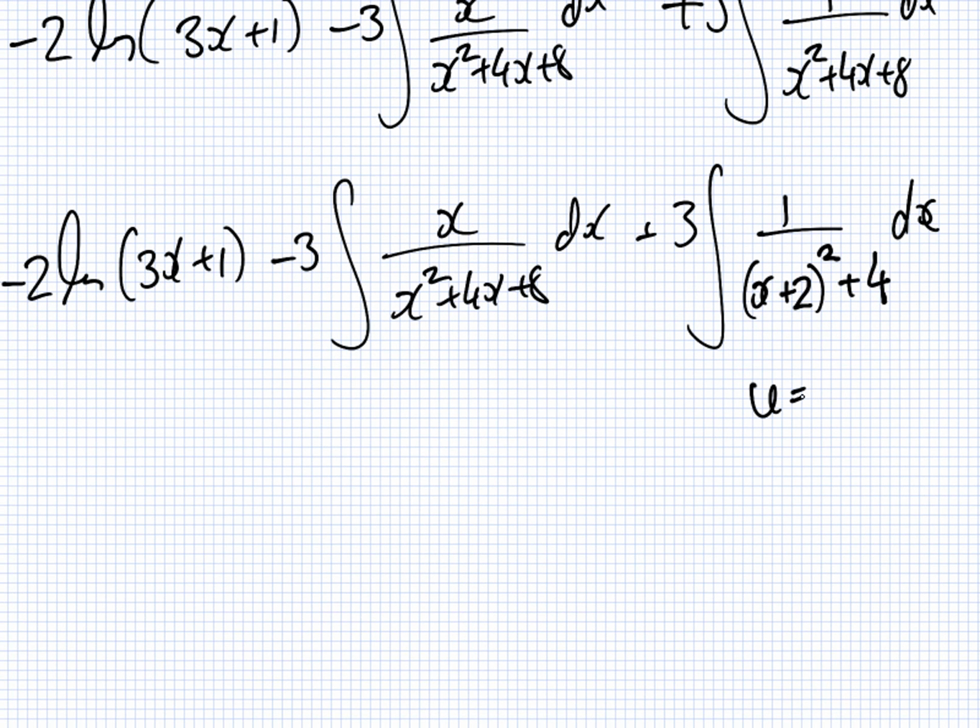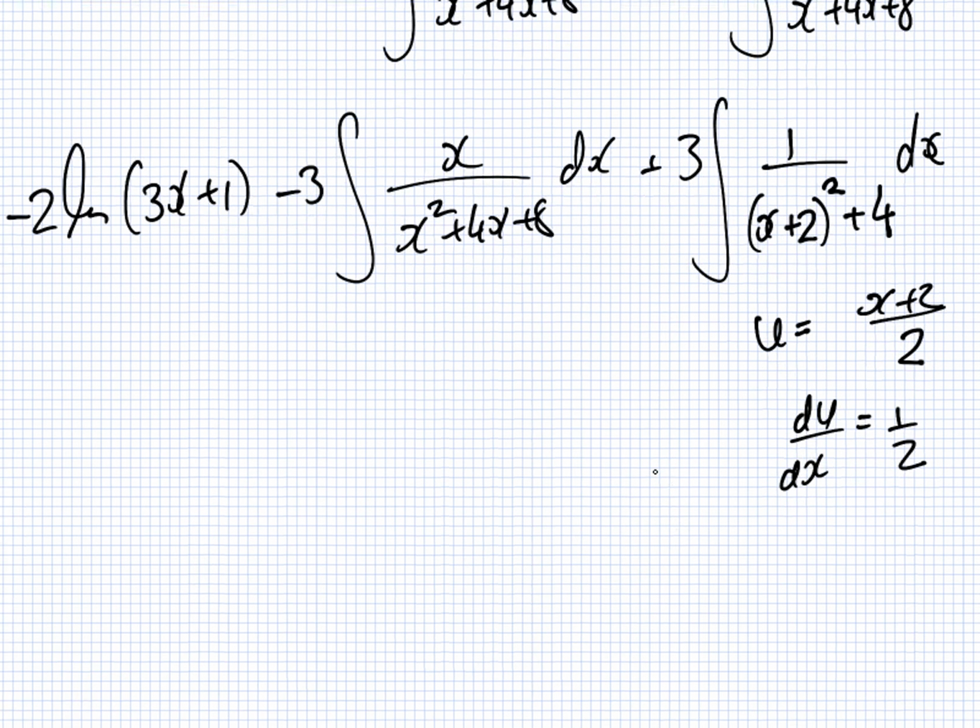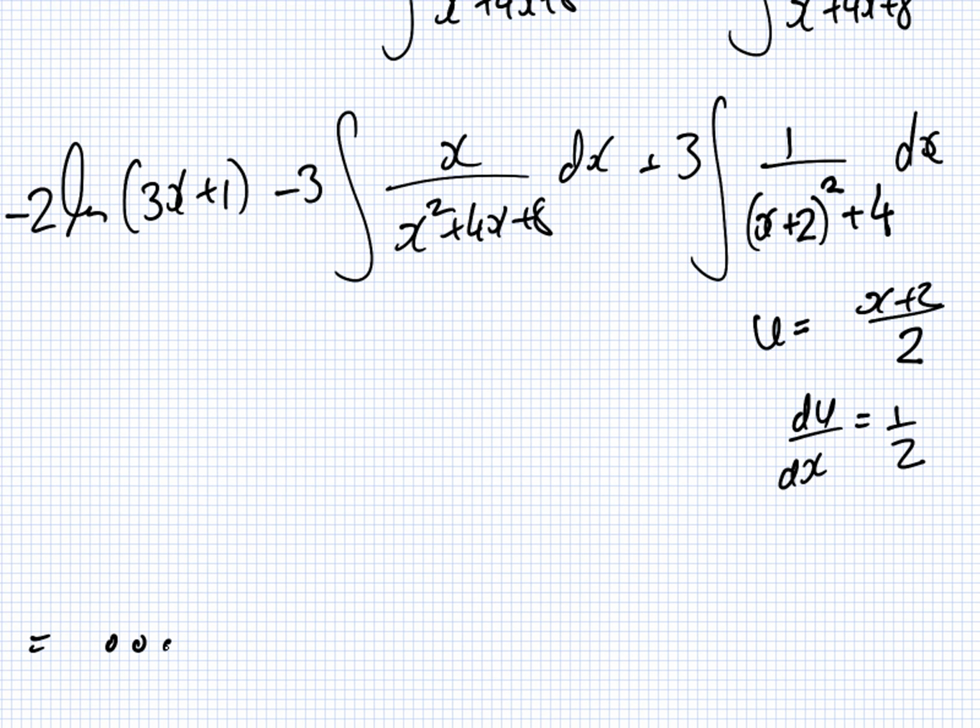So how do we deal with this guy? Yeah, u equals square root this over this, which will be x plus 2 over 2. What is du dx? 1 over 2. Do you remember this one? We make u equal to the root of this over the root of this. So now, plus 3 integrate 1 over 4u squared plus 4, times 2 du.